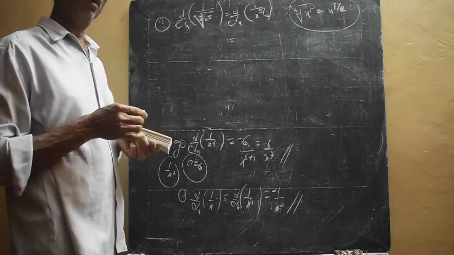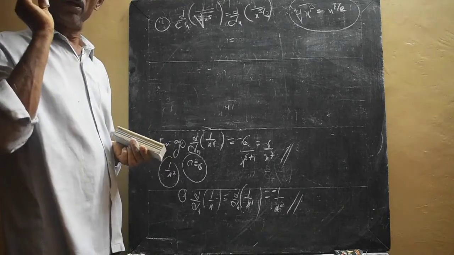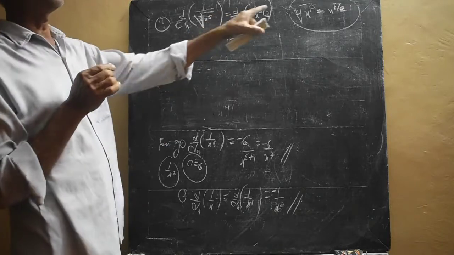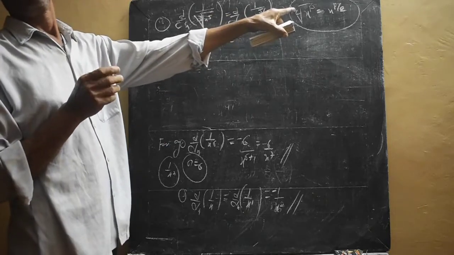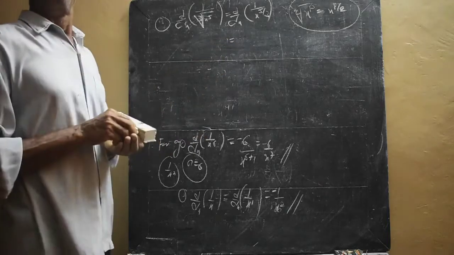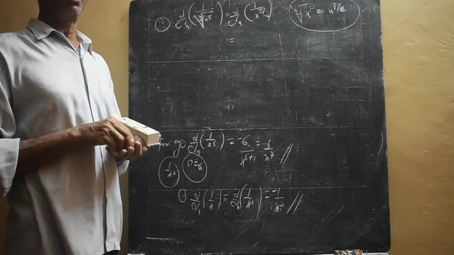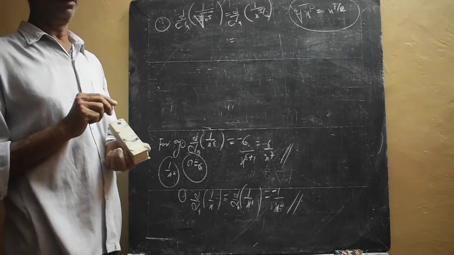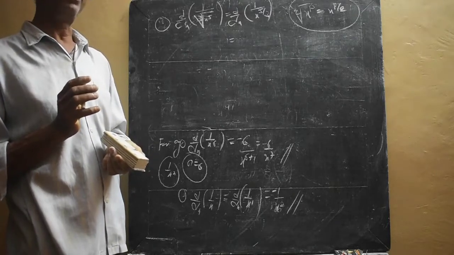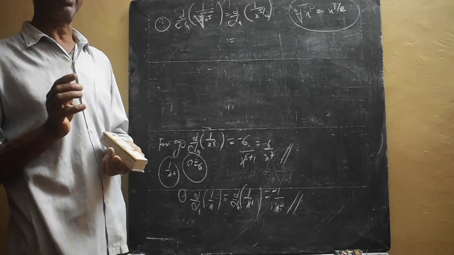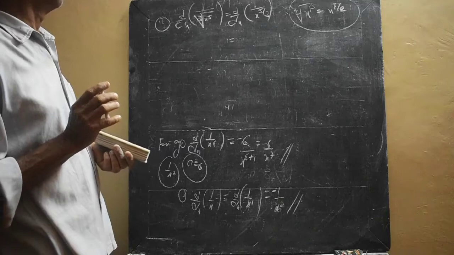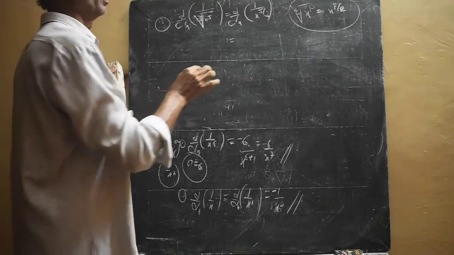My main motto is like that only: every student should improve in their basics. Once you have understood the basic mathematics, mathematics is not a difficult subject. But you have to understand the basic mathematics like LCM, theory of indices, taking LCM, factorization, rationalization. Then automatically mathematics will become a simple subject.